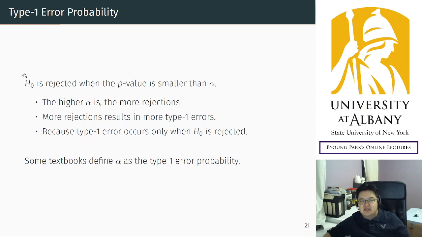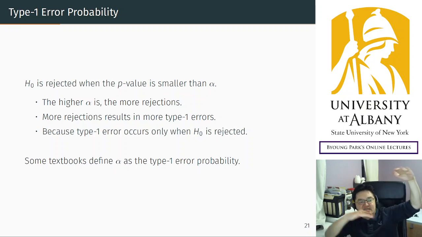Remember, the null hypothesis is rejected when the p-value is smaller than alpha. The p-value is, if you rank all the possible outcomes from the most suspicious to the least suspicious, the probability ranking: what percentage from the top you are.